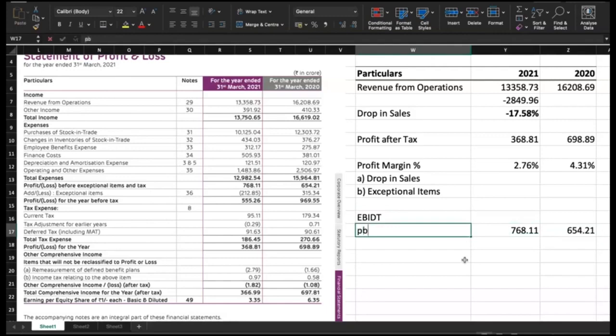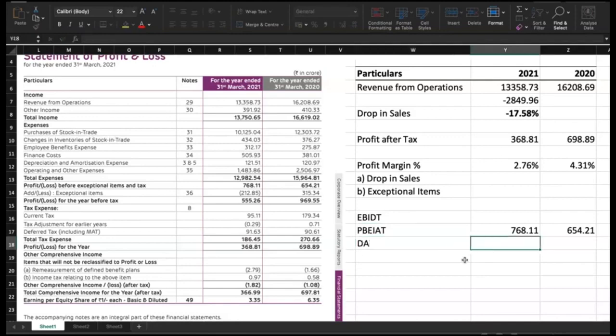So this is profit before exceptional items and taxes. With this, let us add depreciation and amortization, and that is 121.51 and the other one is 120.97.